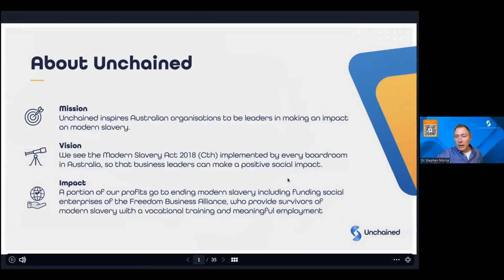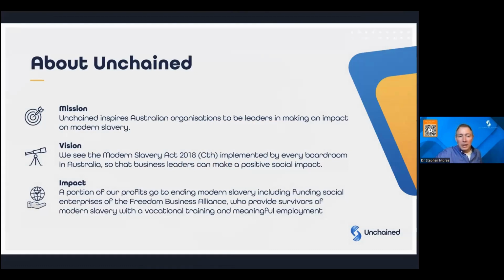So just a little bit of background in case you're not sure. I run Unchained Solutions, and we inspire Australian organisations to be leaders in making impact on modern slavery. We really see the Modern Slavery Act at a Commonwealth level as a really good vehicle for many organisations, both large and small, and we want to see that implemented across the board.